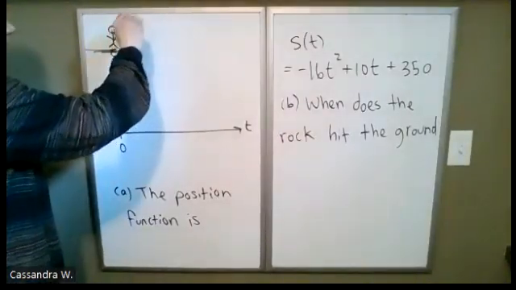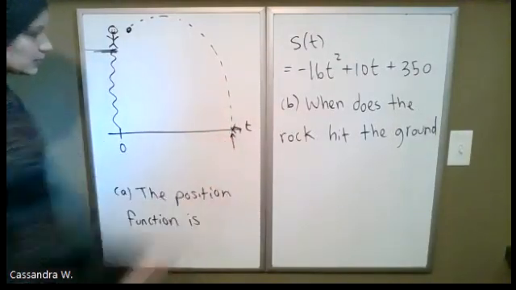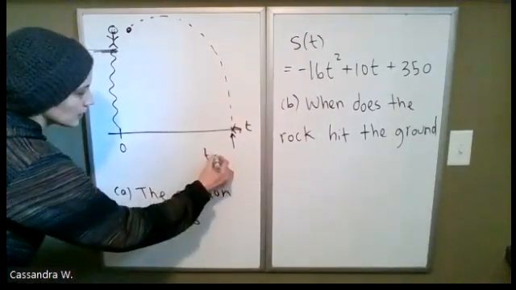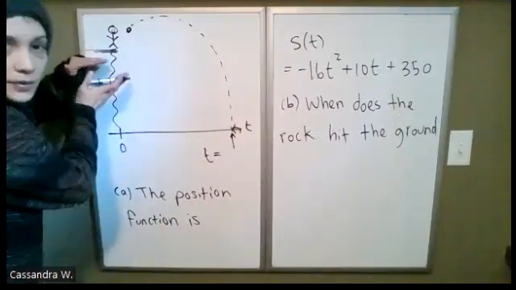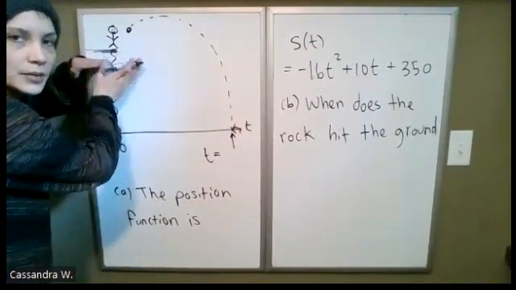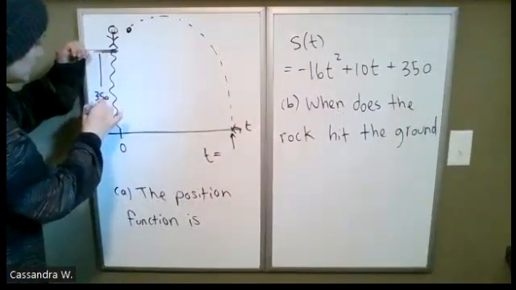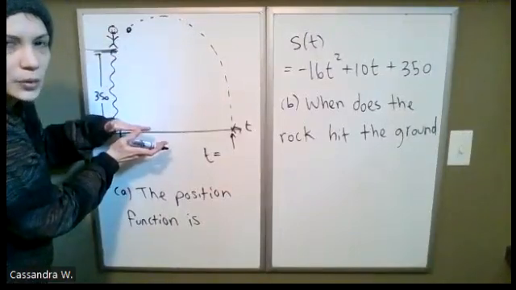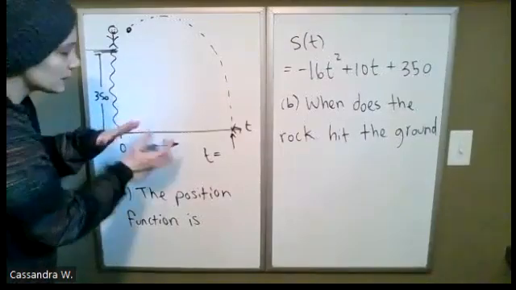Throw a rock, and it's going to hit the ground. So we want to find this spot. Okay, so we've gone from a height or position of 350 to a position of 0. So we're going to have S of t equal to 0 and solve for t.